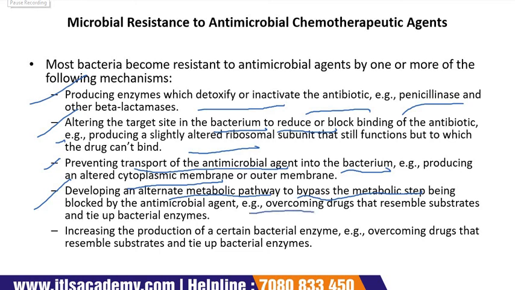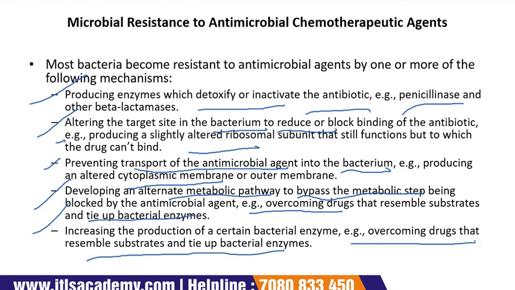Last one is increasing the production of a certain bacterial enzyme, for example, overcoming the drugs that resemble the substrate and tie up the bacterial enzyme.